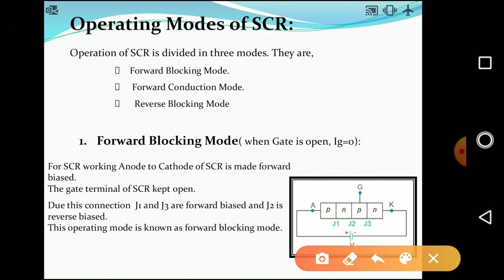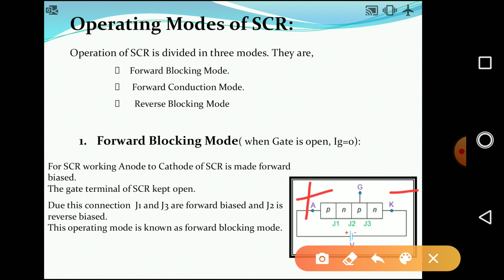So this mode is called forward blocking mode. During this mode SCR is forward biased, because the positive supply of the battery is connected to the anode terminal, and the negative terminal of the battery is connected to the cathode. The anode is connected to the P layer, the cathode is connected to the N layer.